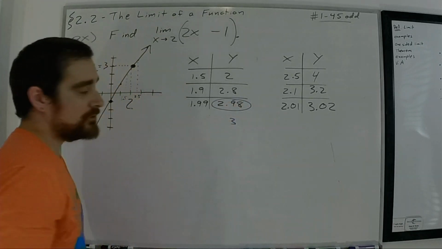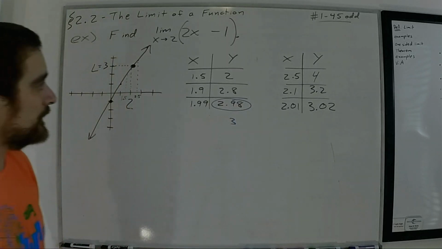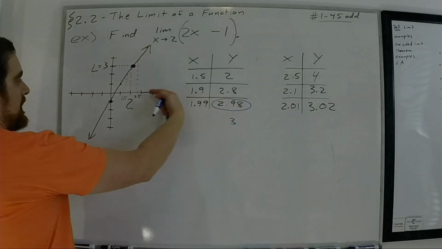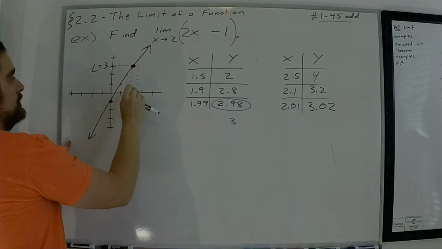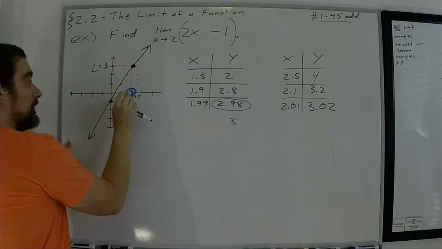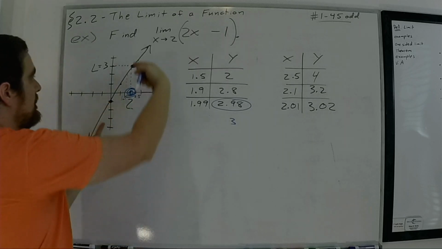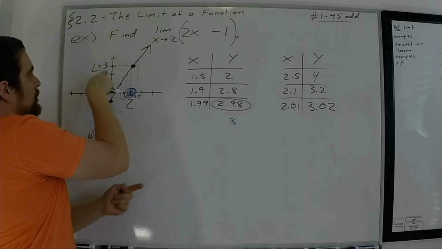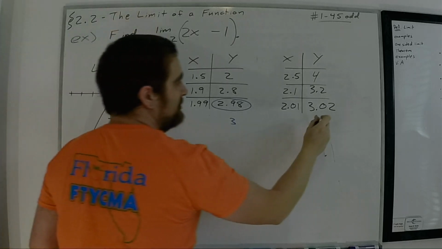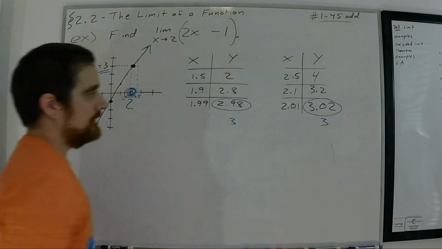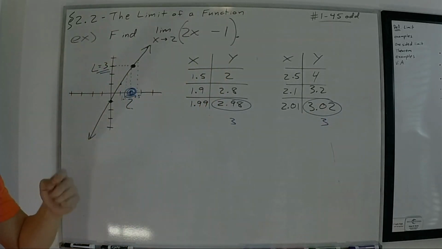It looks like eventually I'll get to the value 3. And as I come in from the right and get closer to 2, I keep zooming in on this input of 2. That keeps me zoomed into this output of 3, right? Eventually, as I get closer to the input 2, I get closer to the output 3.